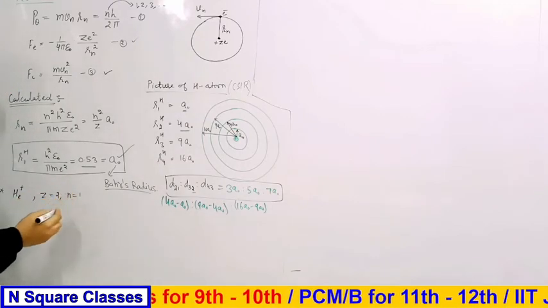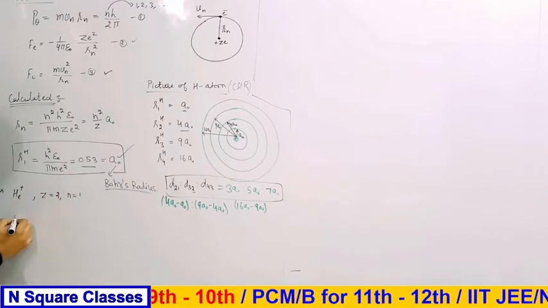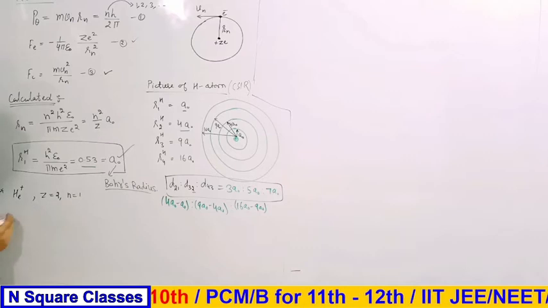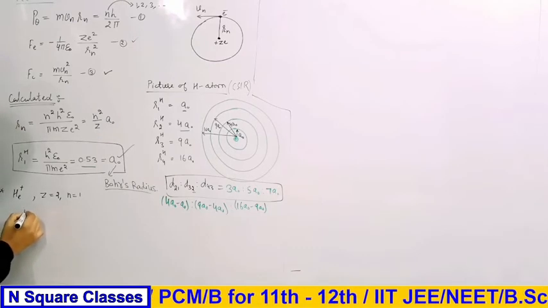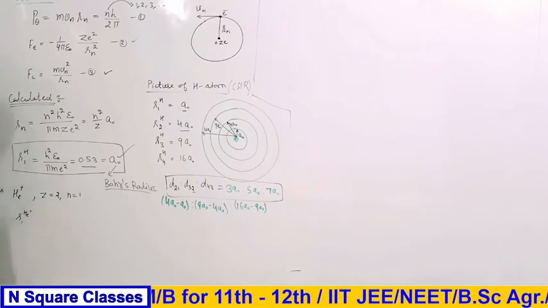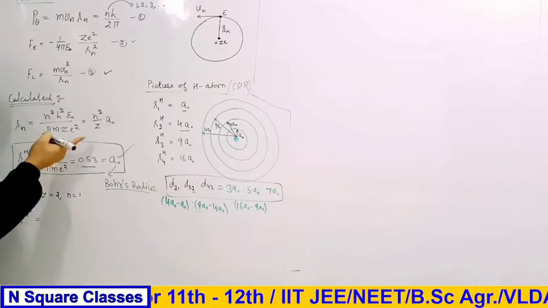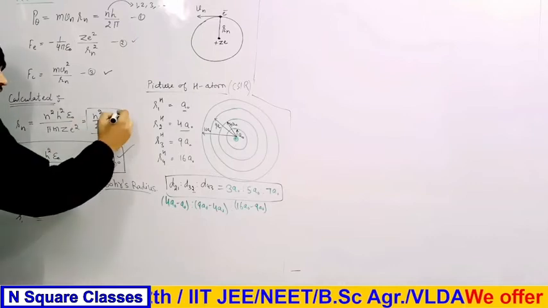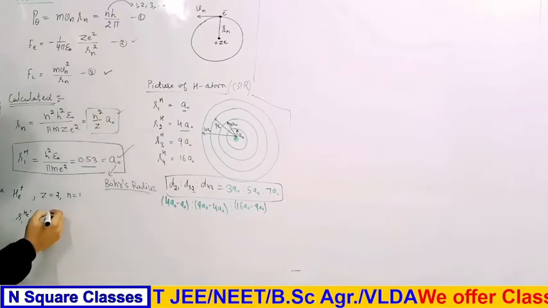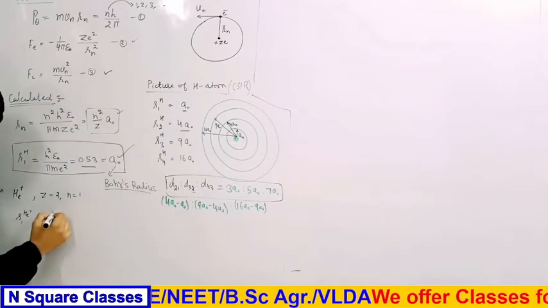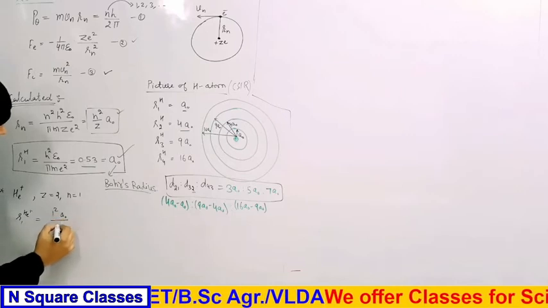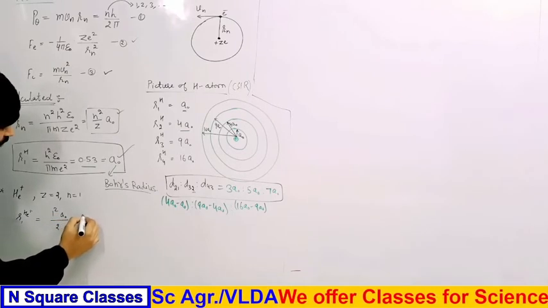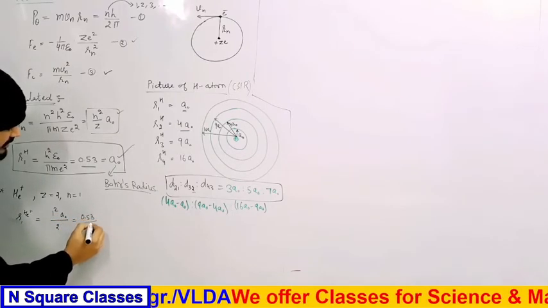Let me take n equals to 1. Then what is the value for He? That is R1 He, where n is 1 and Z is now 2. So now put in this result directly. Clear or not? Now put directly in this formula, then we get n equals to 1, then 1 square a naught upon Z, Z is 2, that is 0.53 divided by 2.